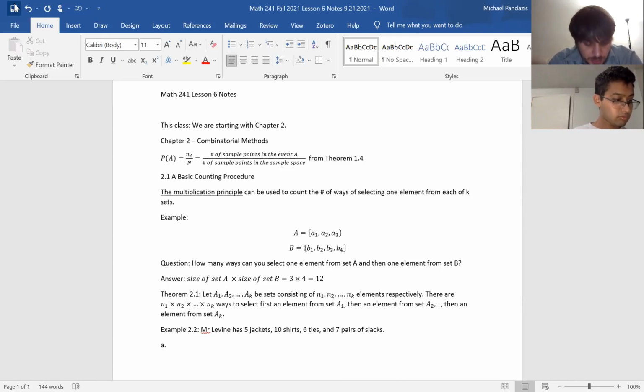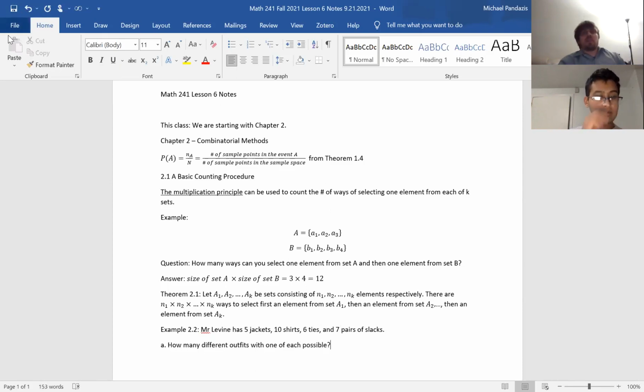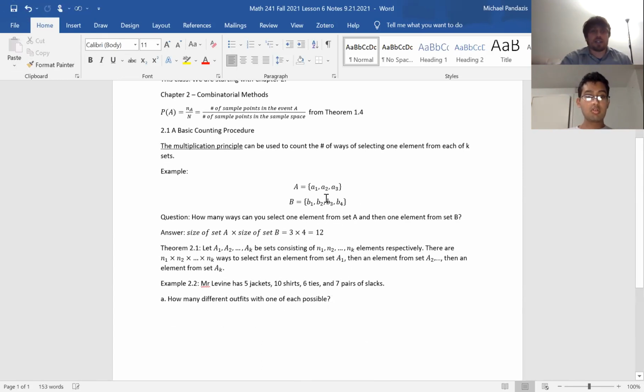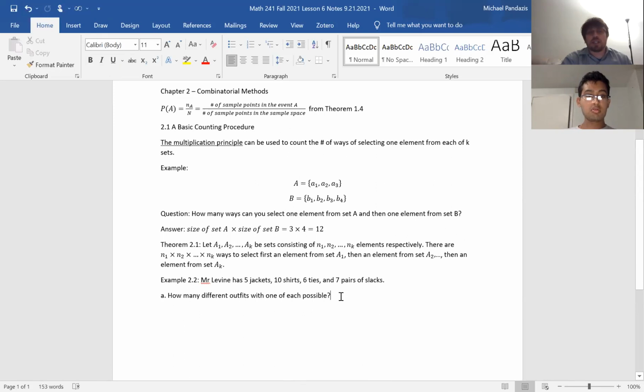So part A, the question is, how many different outfits, with one of each possible? Okay, so it means outfits consist of 1 jacket, 1 shirt, 1 tie, and 1 pair of slacks. So how many different outfits with one of each are possible?